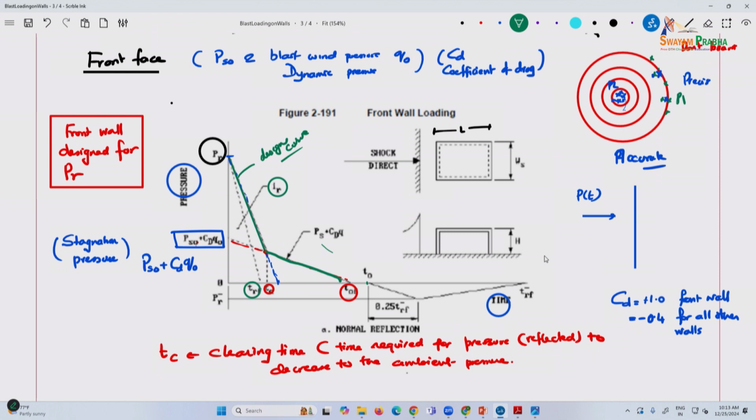So now we are taking the Friedlander curve out of our imagination, but when you see T naught, that's what it represents. From T naught to T RF minus, we will go through the calculation. Here you see 0.25 T RF minus, so this is up to a quarter point and then it decreases down.